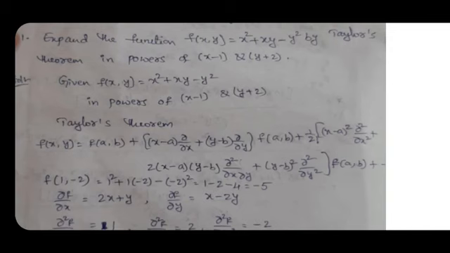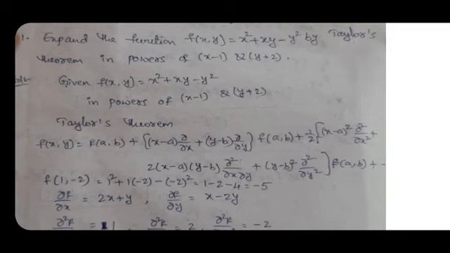We write the expansion in powers of x minus 1 and y plus 2. That means the general form is x minus a and y minus b. So here a is equal to 1 and b is equal to y plus 2. That means in the formula y minus b, we write y minus of minus 2. So b is equal to minus 2. So here a is equal to 1 and b is equal to minus 2.